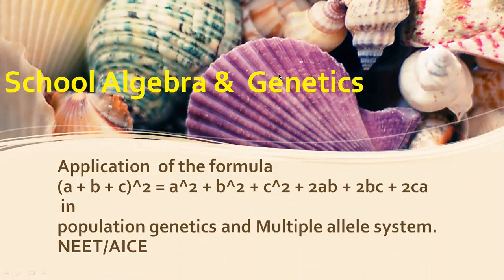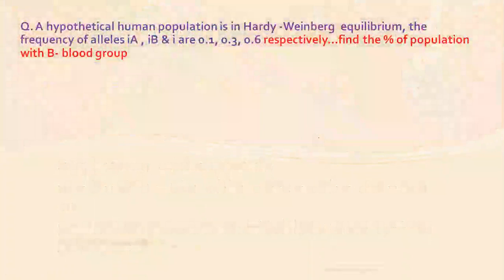Let's come to the question. In a hypothetical human population that is in Hardy-Weinberg equilibrium, the question goes like this: the frequency of the three alleles.